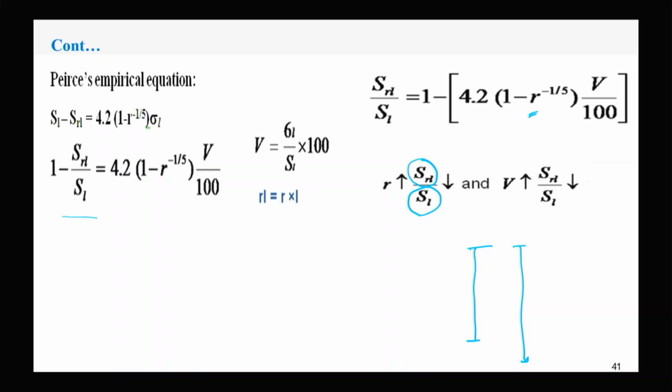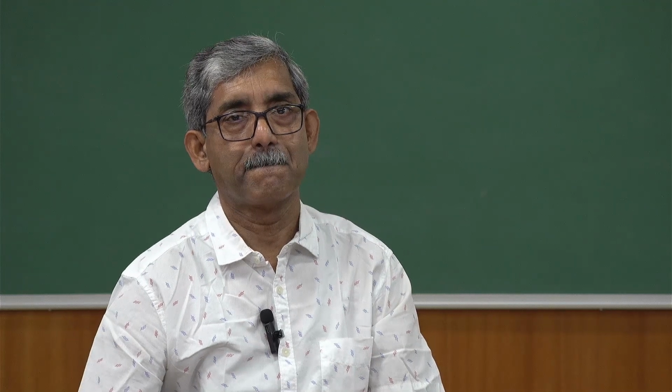And also for more variable yarn, that is when V, the CV percent, is more, with higher variability, again the strength SRL will reduce, and that weak link effect will be more.